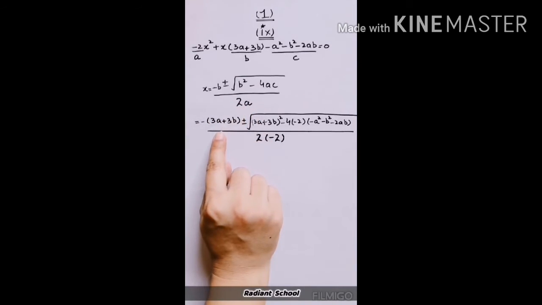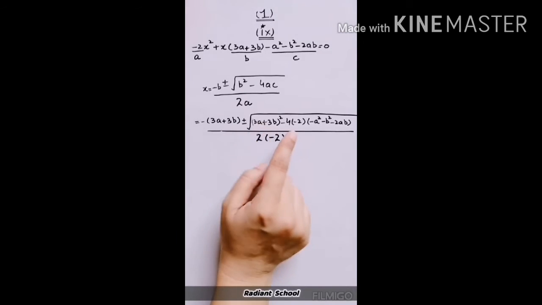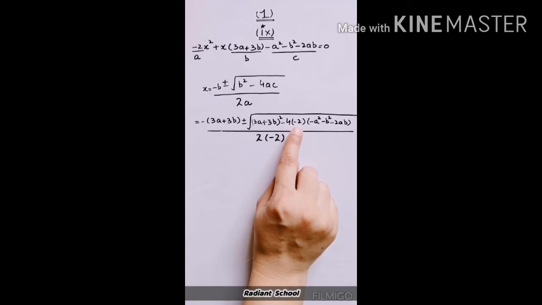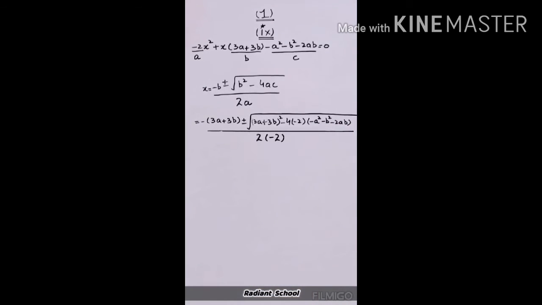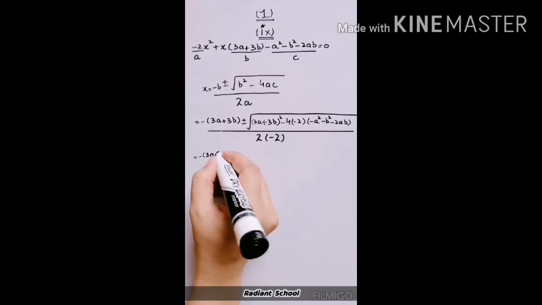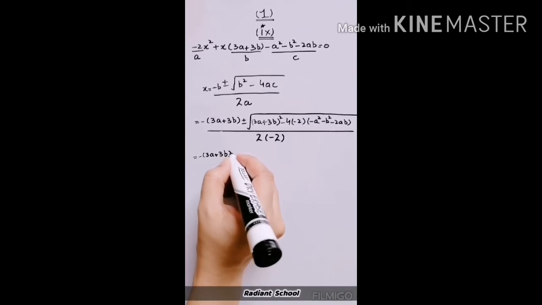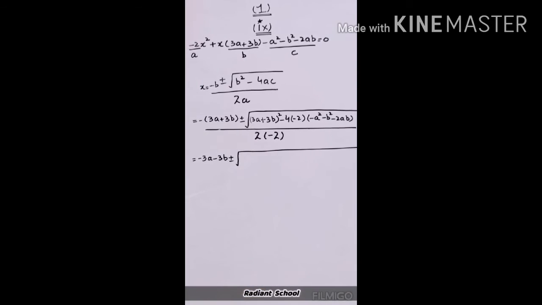The value of b is 3a plus 3b. I have put value of b 3a plus 3b, minus 4. Instead of a I have put minus 2, and instead of c I have put minus a square minus b square minus 2ab. Now a little bit simplification we have to do. Minus 3a plus 3b will be as it is, plus minus square root.